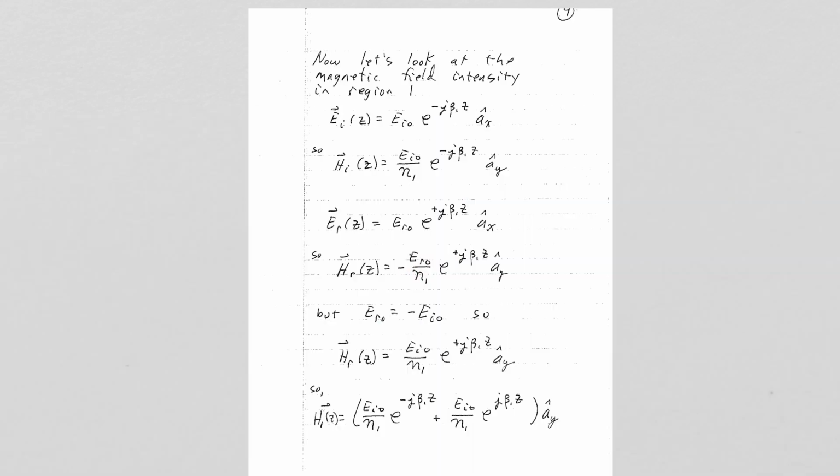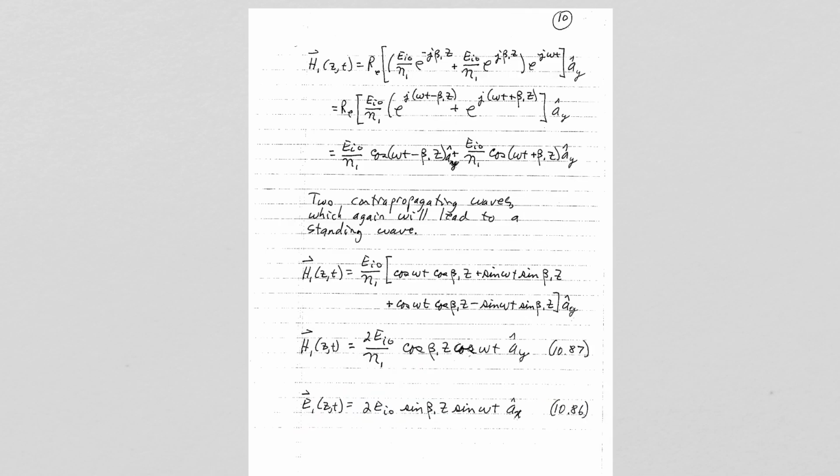We will take this expression, multiply by e to the j omega t, and take the real part, and we get that the magnetic field intensity is two contrapropagating plane waves of the same amplitude. Going through the same procedure, we get the standing wave pattern for our magnetic field intensity.